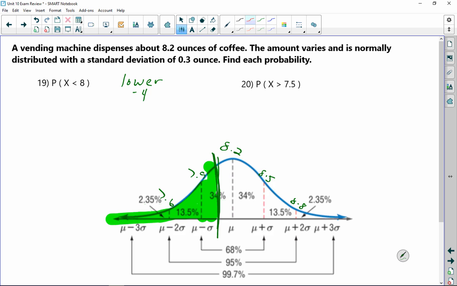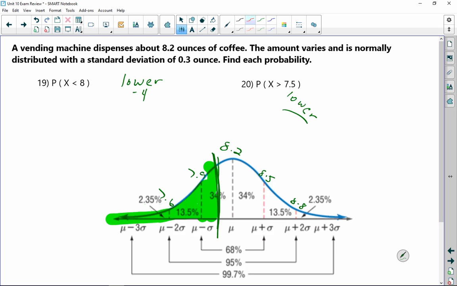Look at number 20. Which way is the inequality pointing? To the right. It's actually pointing to the number, so it's all my values that are greater than 7.5. Okay, so that makes that my lower. 7.5 is the lower.